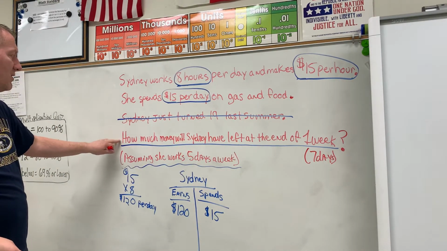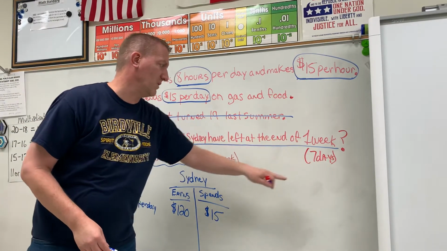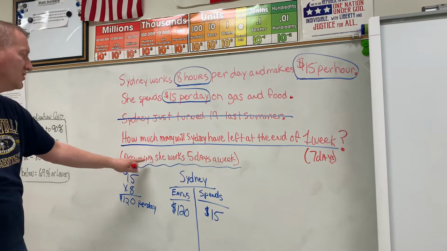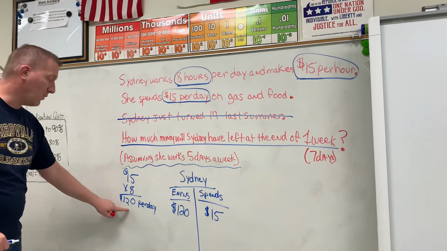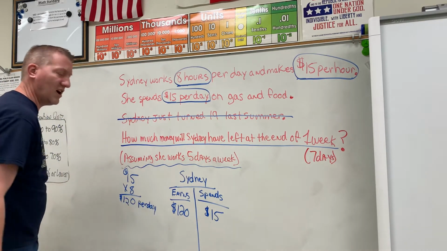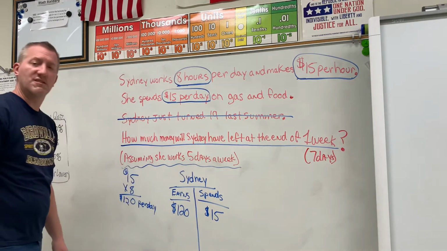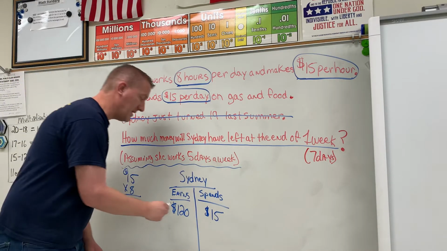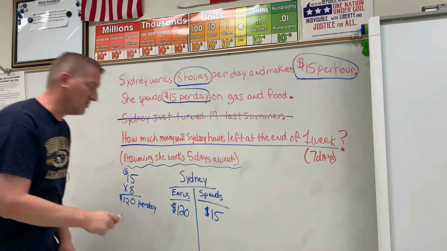All right, so now I go back to the problem. It says, how much money will Sydney have left at the end of 1 week, 7 days, assuming she works 5 days a week? So we have her per day. She earns $120 per day, and she spends $15 per day. But now it says, assuming she works 5 days a week.